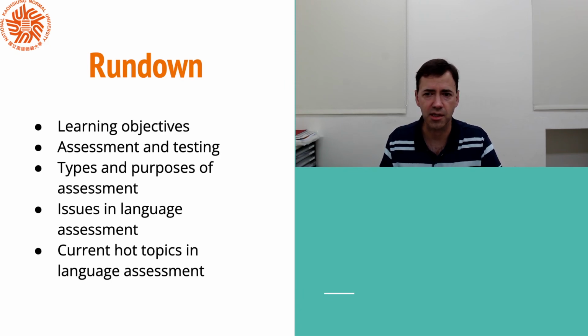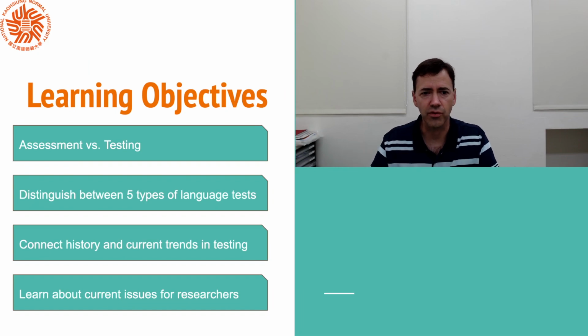Okay, so let's start. The objectives that we're going to look at are some key points, and it's really important that you learn these at the very beginning of our course.